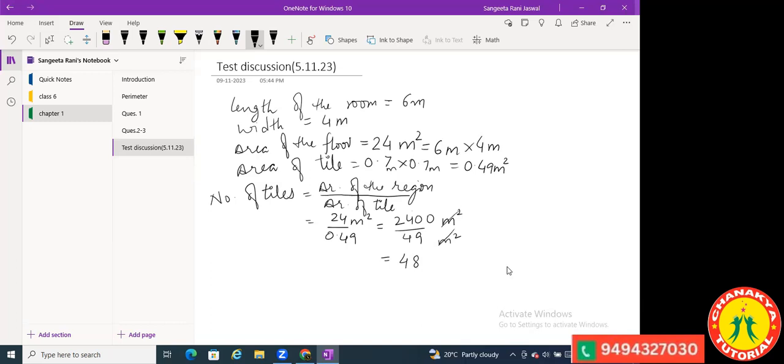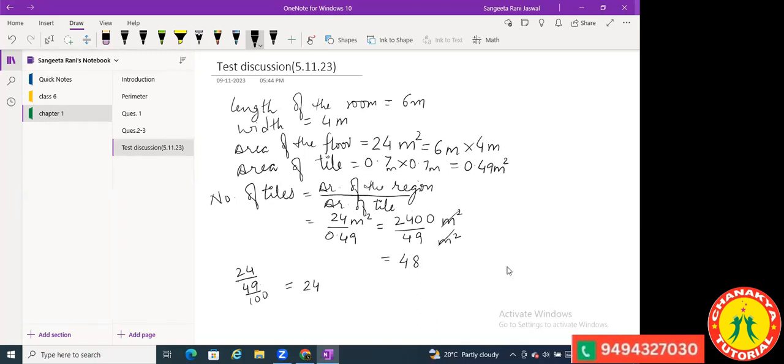2 zeros here. If not, then see here. See how do we get this? This is the decimal part that you have studied in your junior classes. That is 24 upon, when I write 0.49, I write it as 49 upon 100. And this becomes the reciprocal.